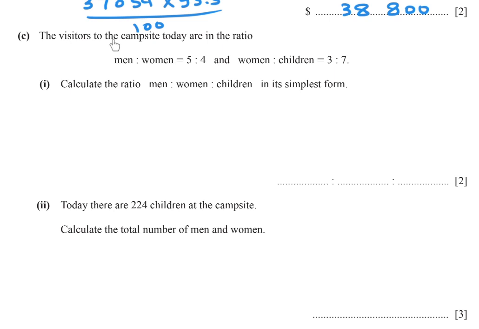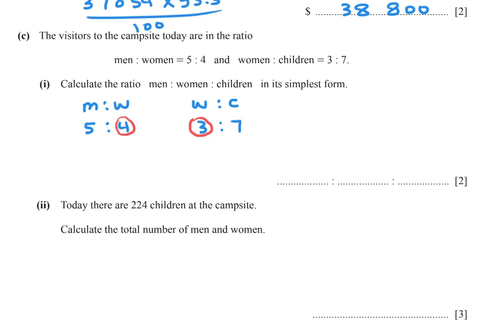C. The visitors to the campsite today are in the ratio men to women 5 to 4, and women to children 3 to 7. Calculate the ratio men, women, children in its simplest form. Women is common, but in the first ratio we have 4 parts, in the second ratio we have 3 parts.